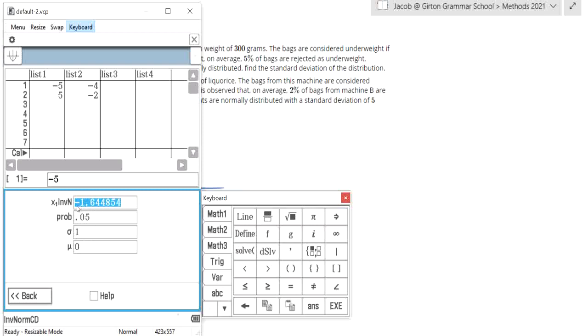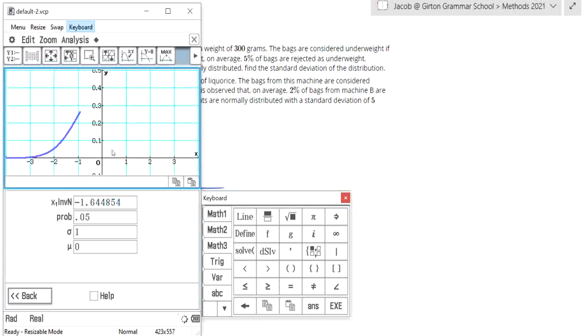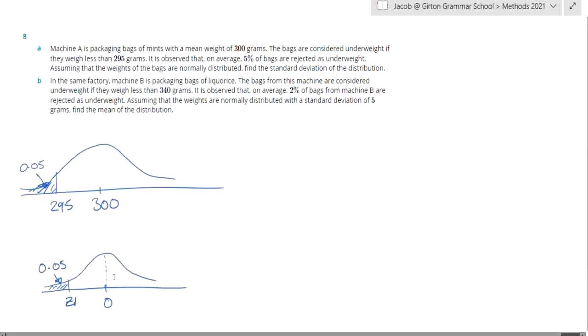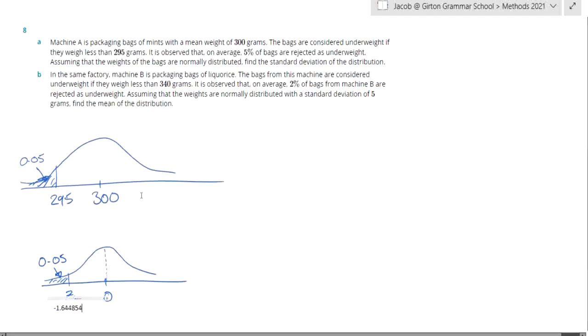And that tells us our z-score there is negative 1.644. And so just draw that and make sure that it looks like what we want it to look like. So that is the 0.05 is the blue shaded area there. So that checks out. So we have negative 1.644. So that's that z value there.